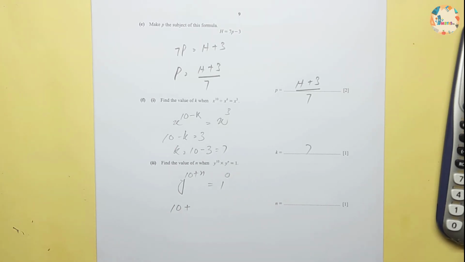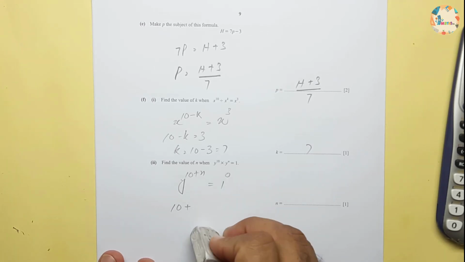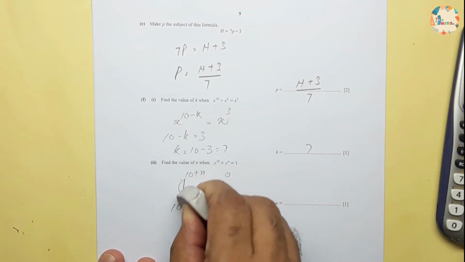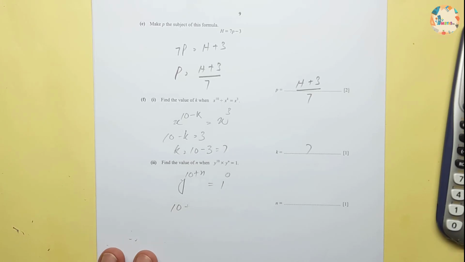So we can write 10 minus n, basically not plus. So this will be 10 plus, yes, 10 plus n will be equal to 0, and n will be equal to minus 10. So minus 10 will be here.